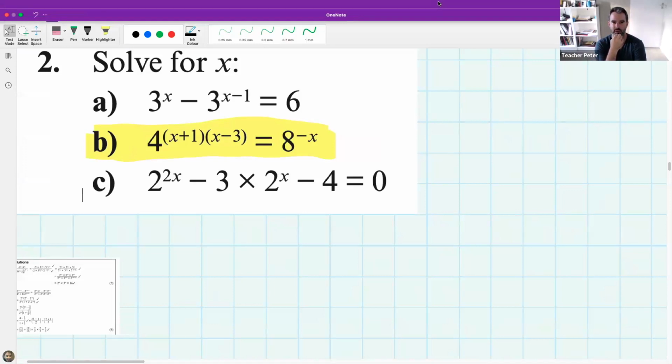Can you handle a question like 2b? It's a little bit harder, but still not undoable. Let's see if we can do that one.